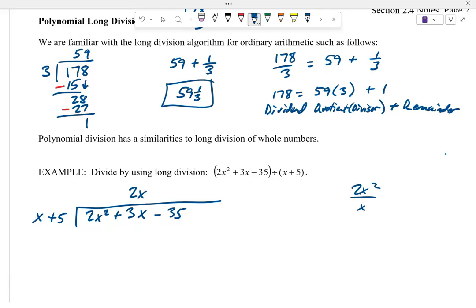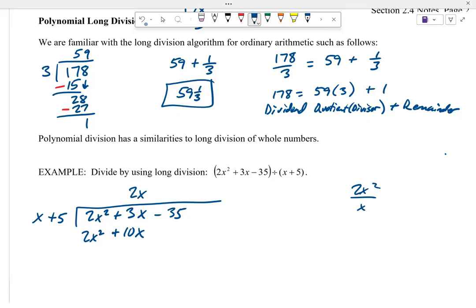And now I'm going to multiply it. So 2x times x gives me 2x squared. 2x times 5 gives me 10x. I multiply through, just like I did with the numbers above. Remember, when I went 5 times 3 is 15, I subtracted it.